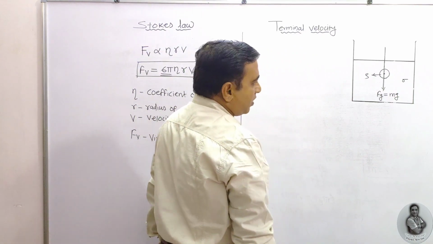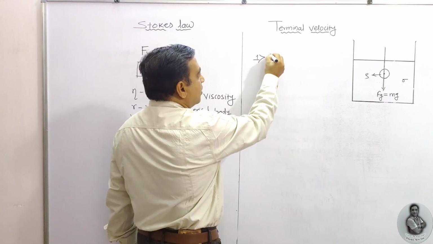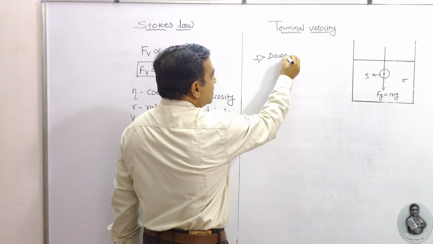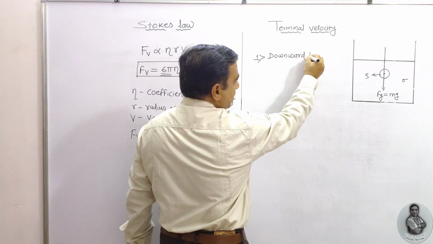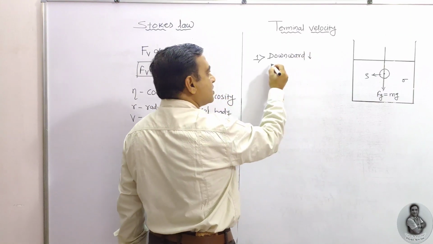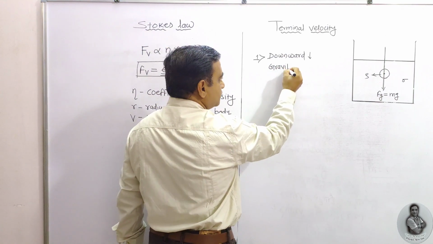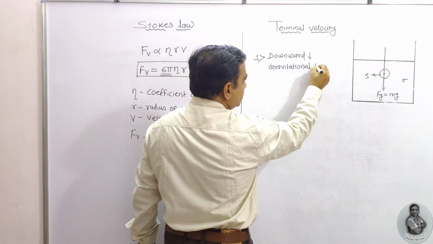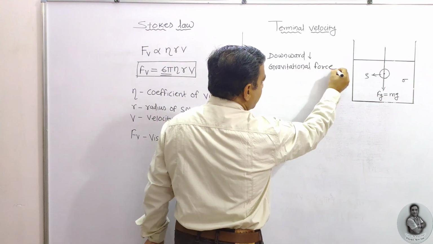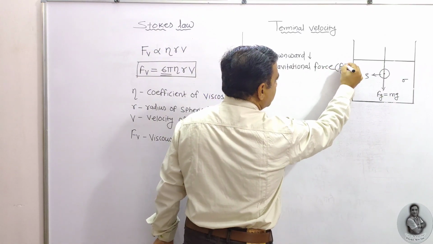One by one, the force which is acting in the downward direction is the gravitational force, denoted by the symbol Fg.